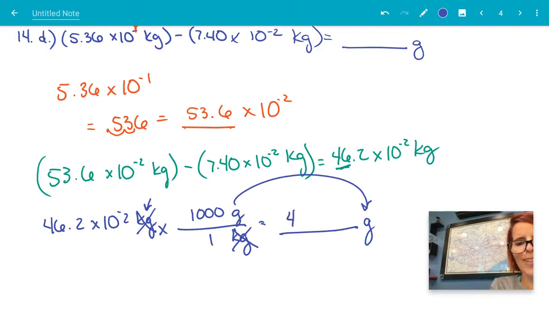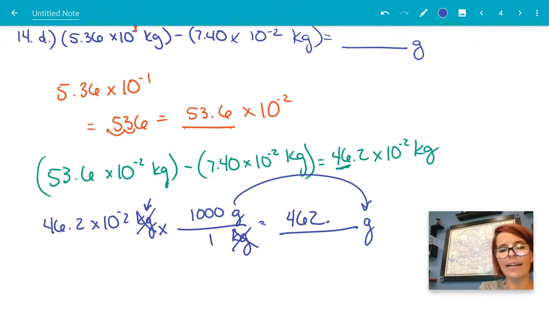I should have been able to do that in my head, you guys. Now, 462 is not in scientific notation. We need to move the decimal over by 2. Does that mean it's times 10 to the negative 2 or times 10 to the positive 2? That's always confusing, right? Well, if you're not sure, just try it.